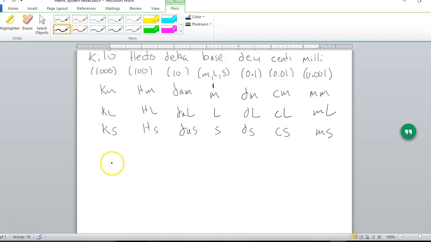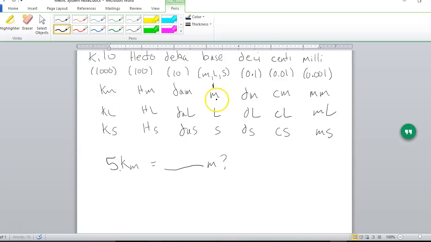Okay, so how you would do some examples here for conversions. Let's pretend we're doing a 5K. If we're running a 5-kilometer race, what would that be in meters? You're going to start at kilo, where the decimal point technically is right here, and you count how many times you have to move your finger from kilo to the base unit meter.